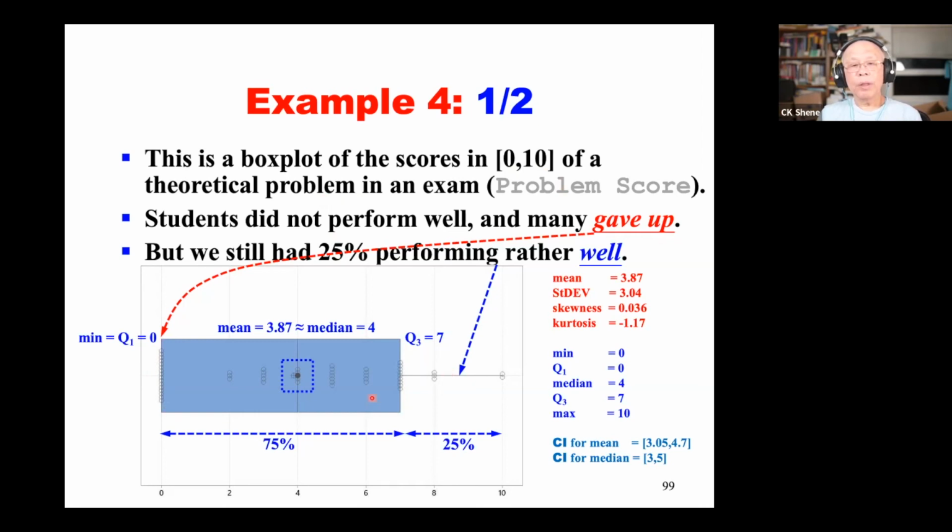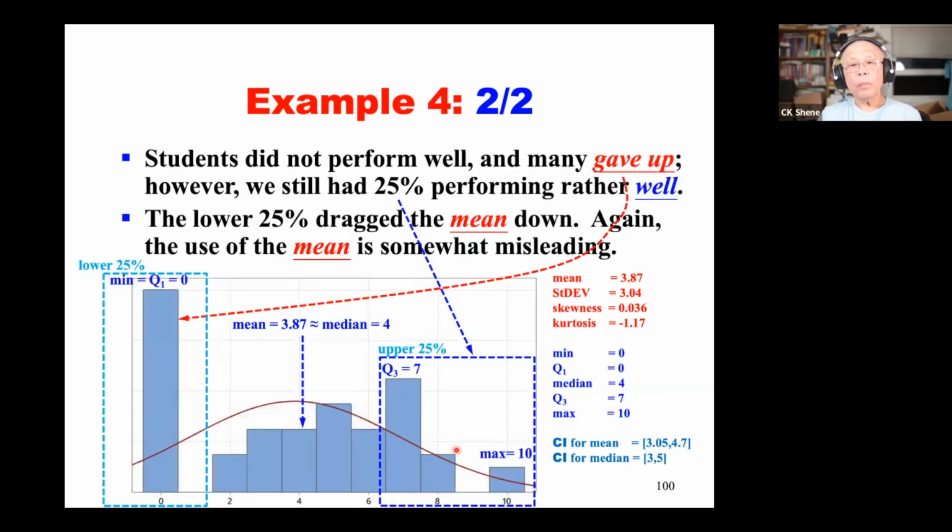So 75% of students have their scores less than the 3rd quartile. Only 25% had their score in the 3rd quartile. Now let's look at the histogram. The lower 25%, a large number, dragged the mean down.